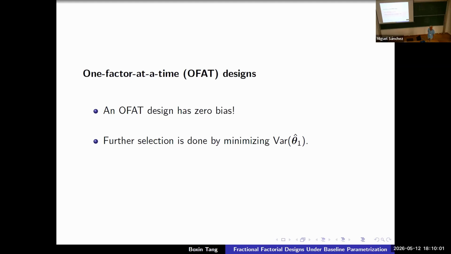And since they have no bias, you can do further design selection by minimizing the variance. So in this approach, you minimize the bias first, and then minimize the variance. In the orthogonal approach, you minimize variance first, and then you minimize the bias. Okay?